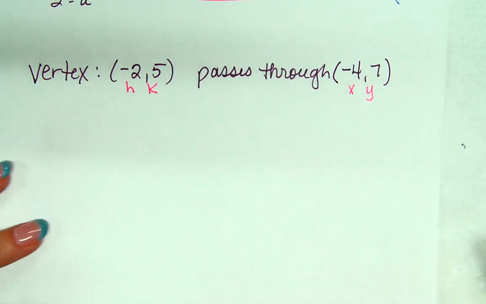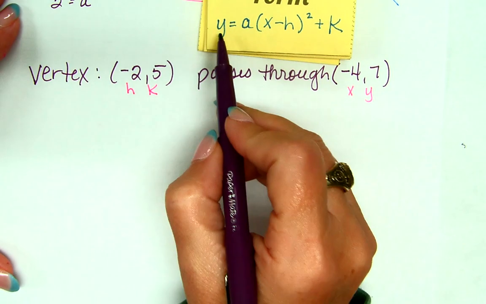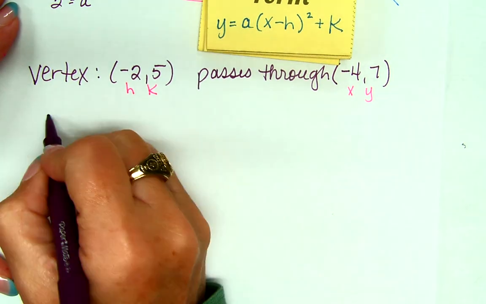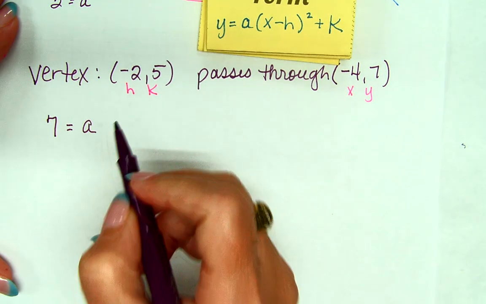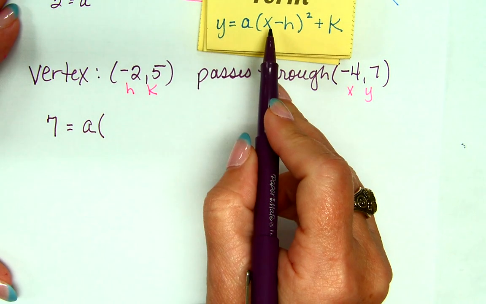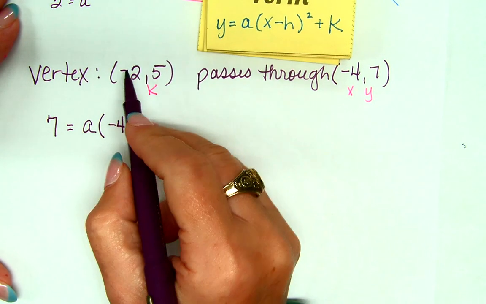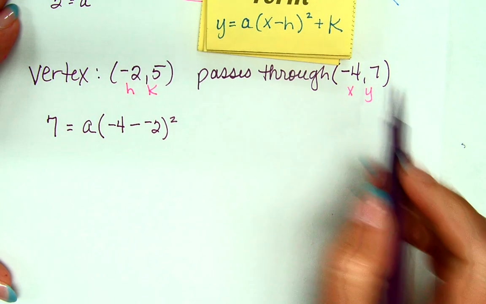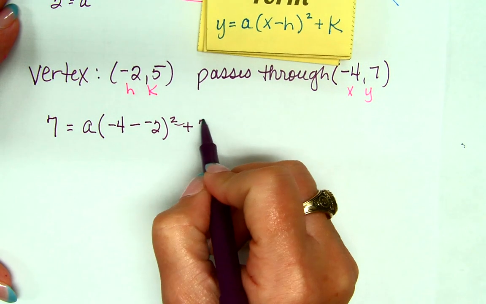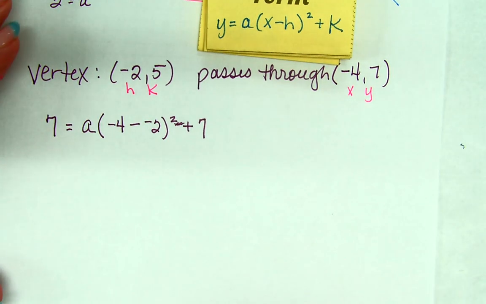Now it's just a matter of substituting what we know, right? Okay, so Y, 7, equals A, which is what we don't know, parentheses, X, -4, minus, -2, squared, plus K. Sorry about that weird line from my pen. 5 or 7? Oh, that's a good question.